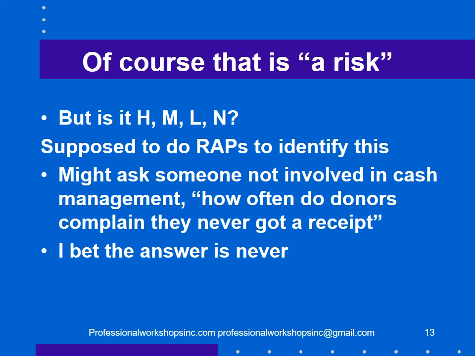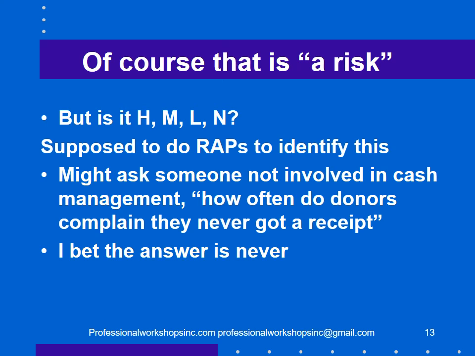So of course it's a risk, but is it high, moderate, or low? And the risk assessment procedure I would do, and perhaps even the audit procedure I would do, is I would ask someone not involved in the cash receipt process to say, how often do donors phone up and complain and say, hey, I made a donation and I never got a receipt? And based on the kind of controls I've seen at not-for-profit clients of mine, I would expect that they would look at you in shock and say, that never happens.